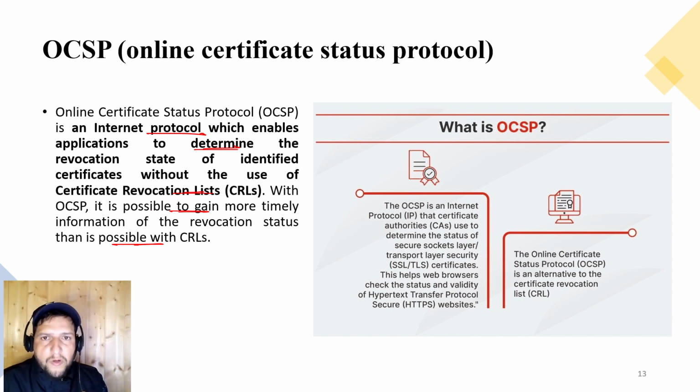So when you download a certificate from the server, you can check the validity, is it expired, is it revoked, with this protocol. So OCSP is an internet protocol that certificate authorities use to determine the state of SSL or TLS certificates. This helps web browsers check the status and validity of an HTTPS website. So this protocol is an alternative to CRL.